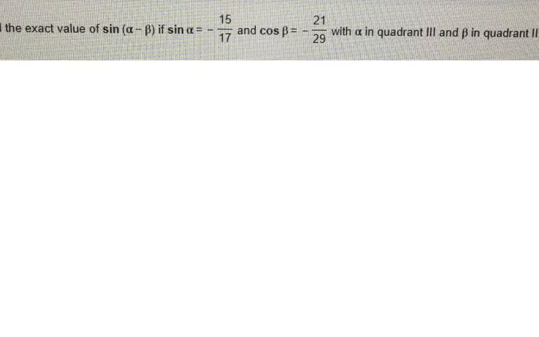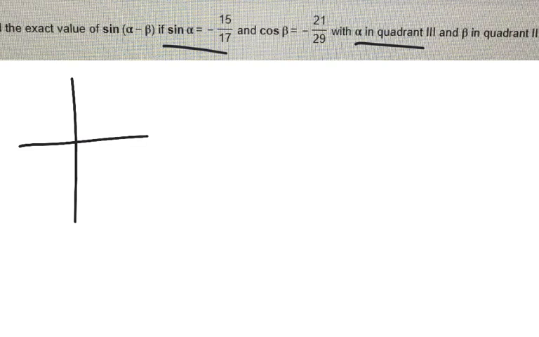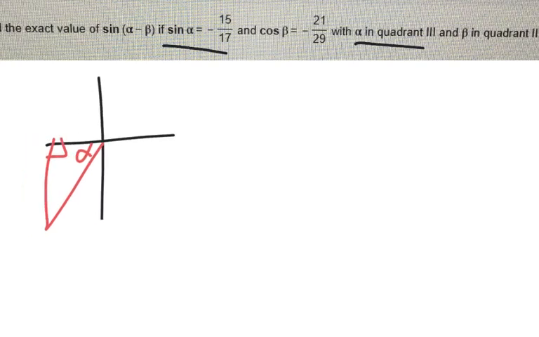So this is similar to the last ones, except now we have to set up our triangles. So it tells me sine of alpha is negative 15 over 17, and alpha is in quadrant 3. So I'm going to draw that. So if this is my reference angle for alpha, sine is the opposite, which is 15 over the hypotenuse, which is 17.